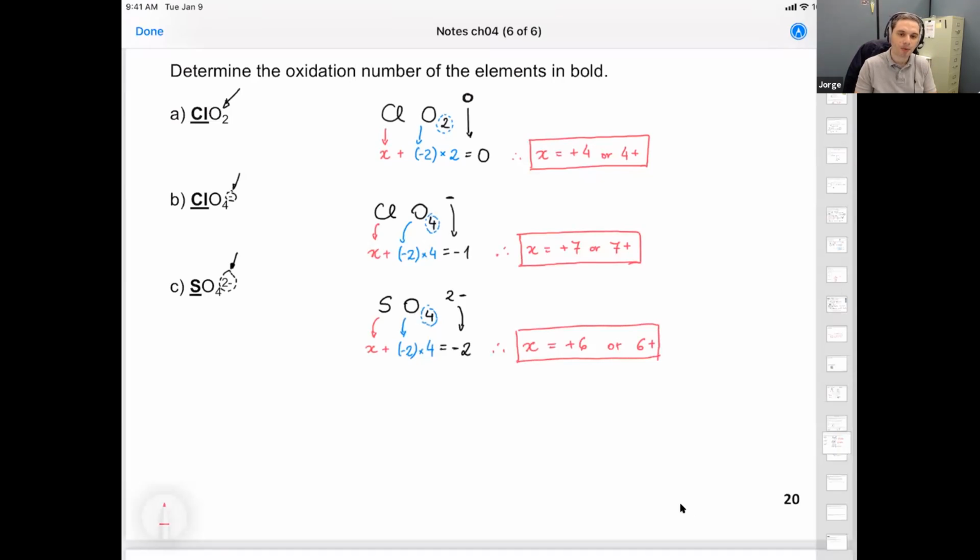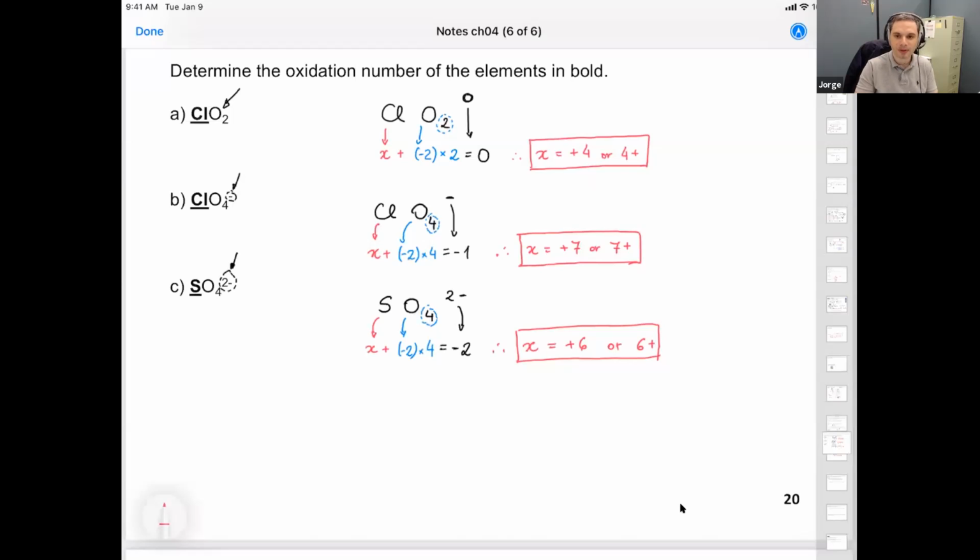And that's how you determine the oxidation numbers of all the elements in the structure of a molecule or an ion, okay? So just follow the rules, and there is always one element that we need to find the oxidation number of, and that's how you do it.